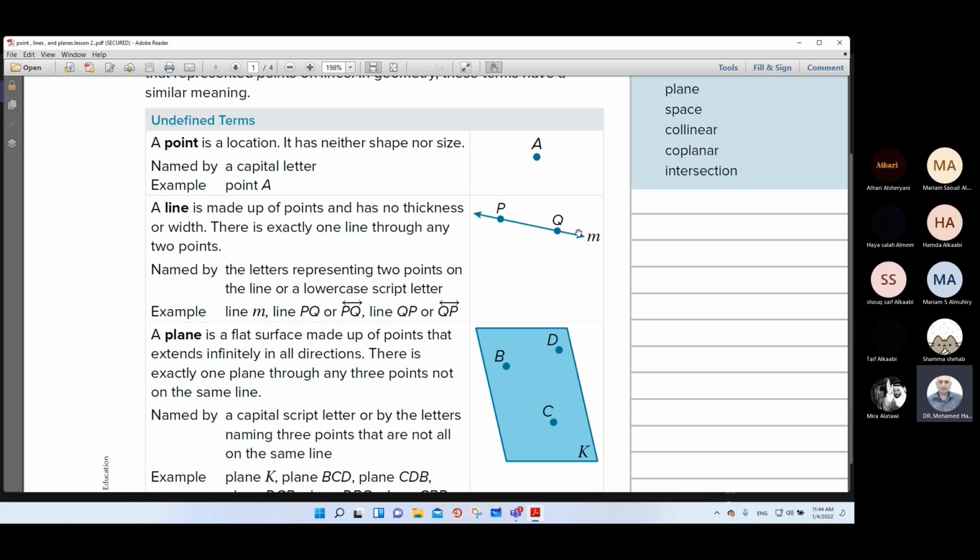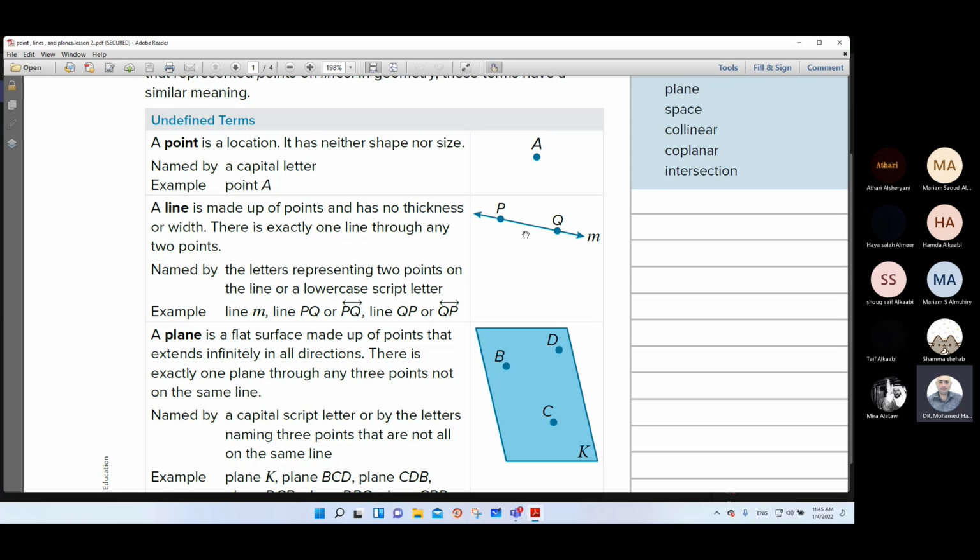As you see, each line needs at least 2 points. And this is the name of the line. We can choose a small letter, any lowercase letter, for example, here m. So it is named by the letter representing 2 points on the line or a lowercase script letter.